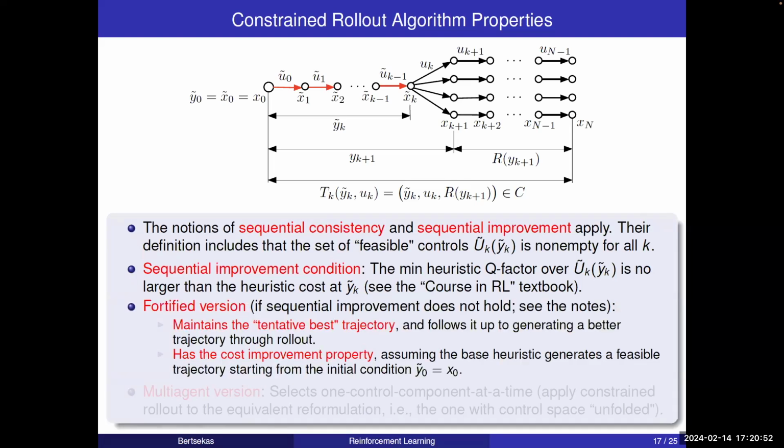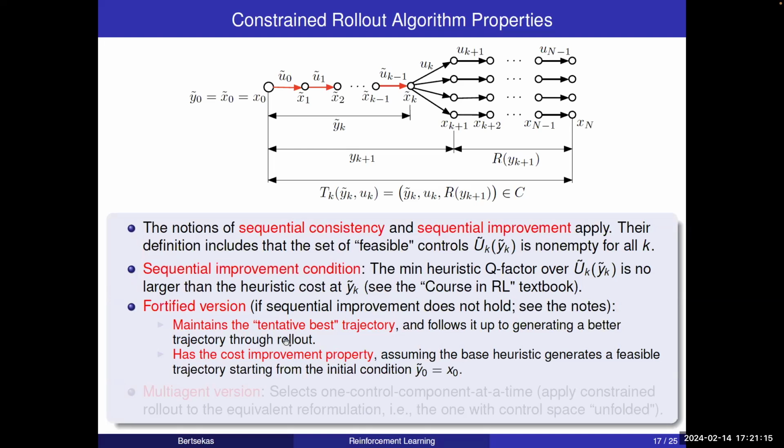Now, if it happens to be the case that the sequential improvement condition does not hold, then there's a fortified version of constrained rollout. As before, it maintains the tentative best trajectory, and it follows it up by replacing it with new feasible trajectories that have a lower cost that we find with rollout.